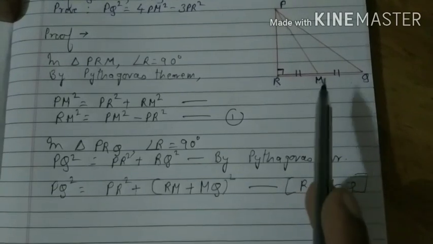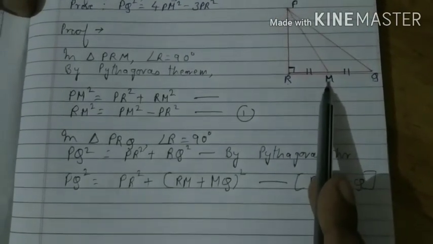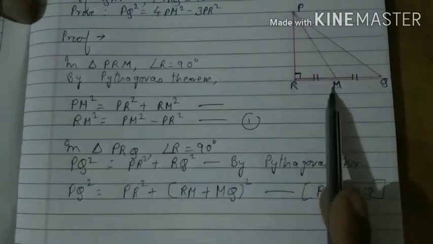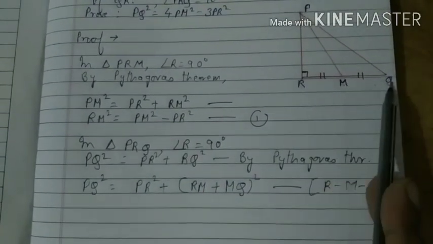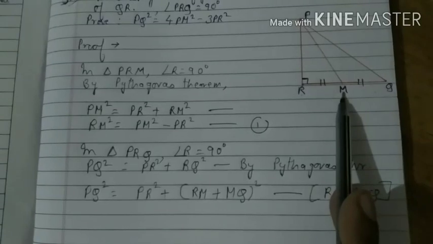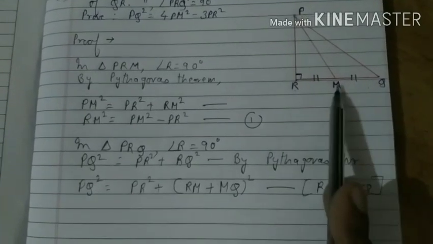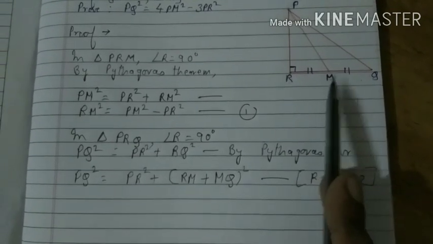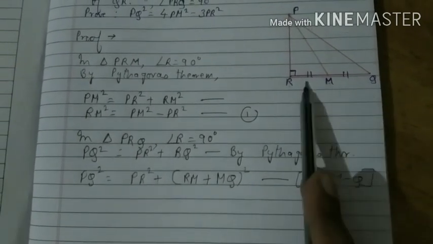Now see students, M is the midpoint, so I can say that RM and MQ are congruent, because this is a midpoint. So they are equal.